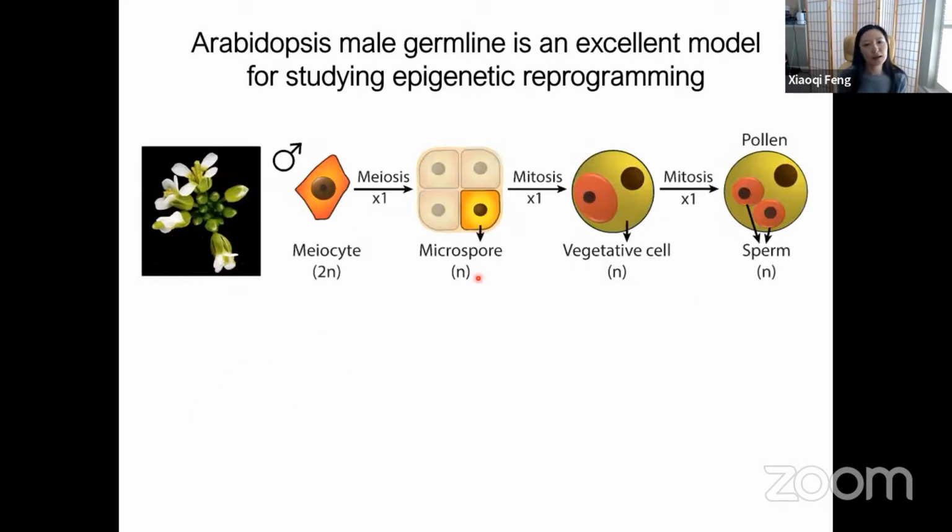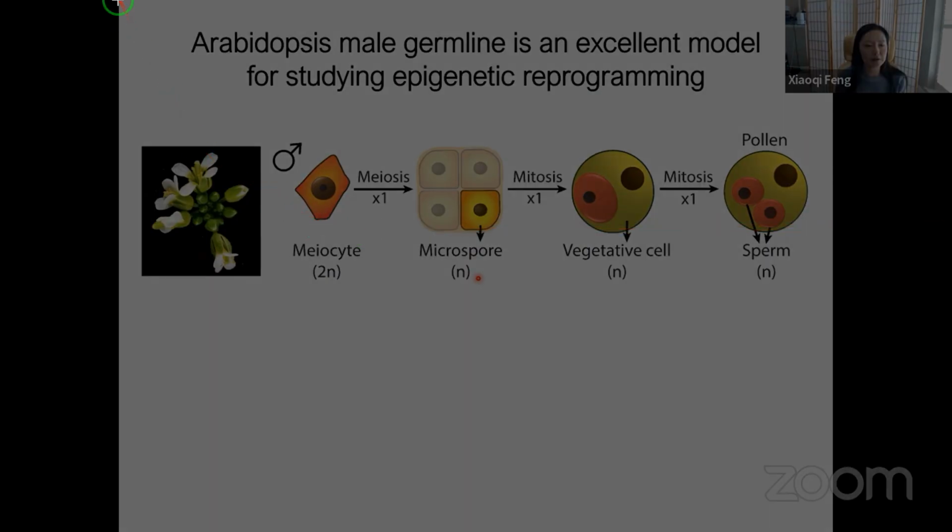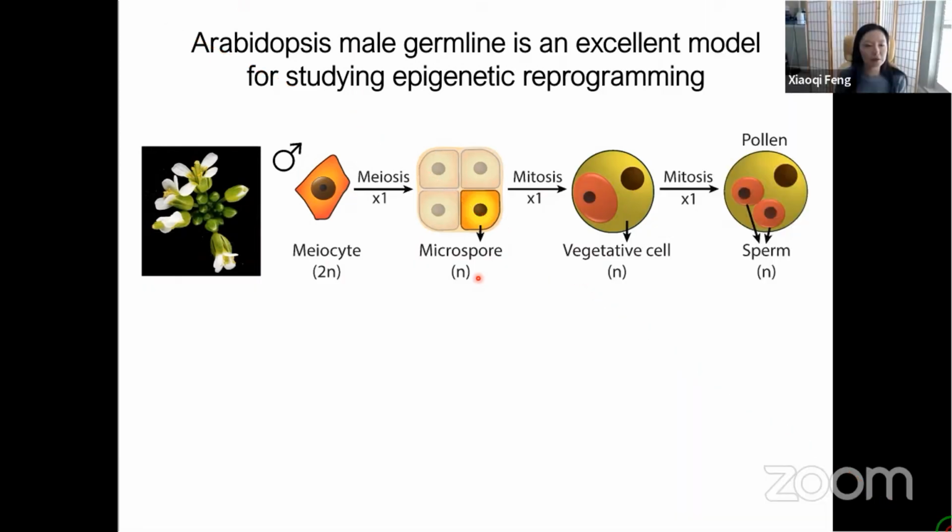So the model my lab developed to study germ cell epigenetics is the male germline of Arabidopsis. This cartoon shows that the male germline initiates as diploid meiocytes, which undergo meiosis to generate haploid spores called microspores.